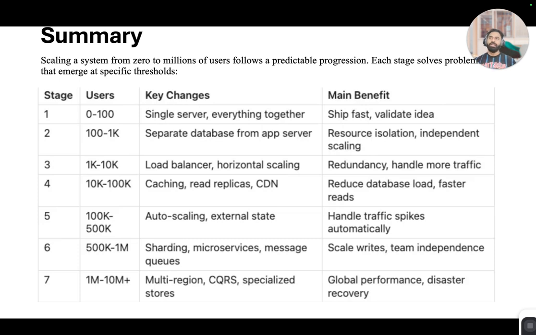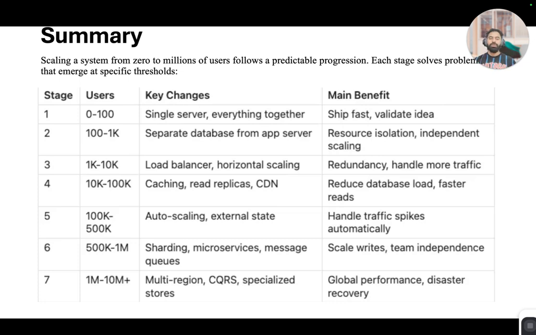And if your users are 1 million to 10 million plus, then of course you have to use a multi-region approach, because now your users are global. You can use CQRS patterns and specialized stores. Maybe you have to create your custom cache and other things, because the benefit is global performance and disaster recovery. So this is the overall summary in one table.